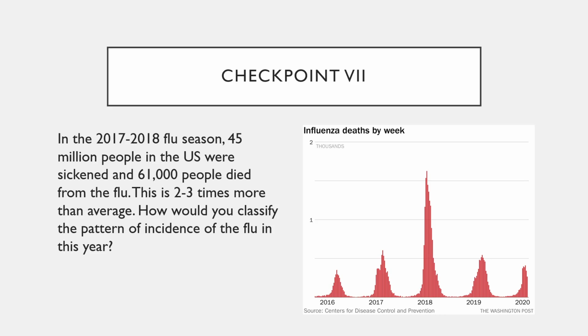It represents 2 to 3 times more cases and deaths than the average flu season. So how would you classify the pattern of incidence of the flu in this season, in terms of whether it is sporadic, endemic, epidemic, or pandemic?